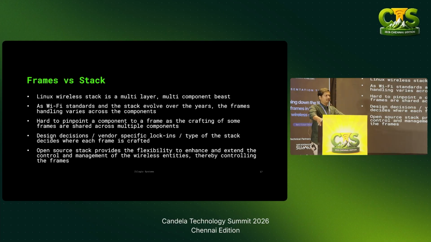First we need to understand that as the Wi-Fi standards are evolving and as the Linux wireless stack is being evolved for multiple standards, pinpointing a particular frame on a particular component is not very accurate. We can say at one point of time, at one version, this is an approximate idea of where the frame will be sitting.